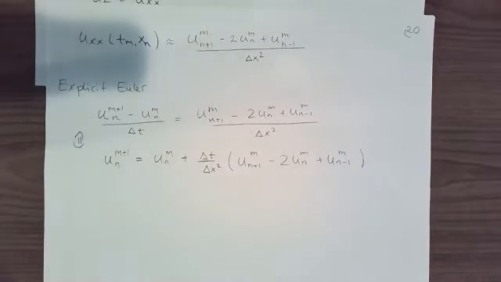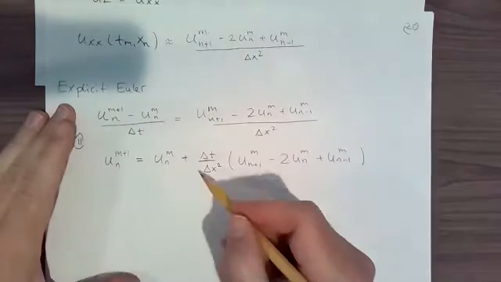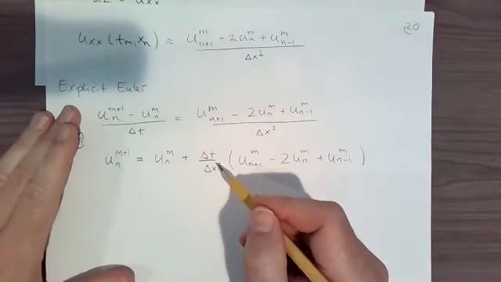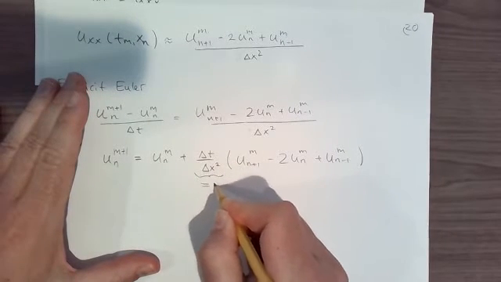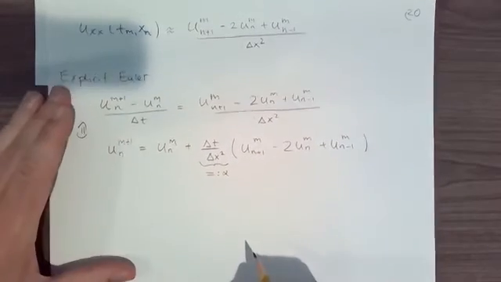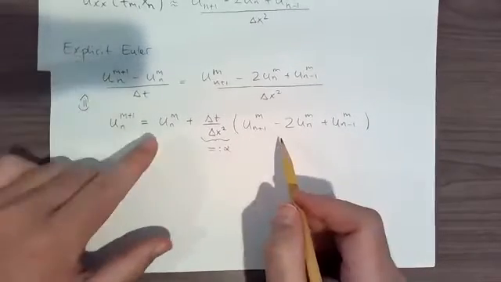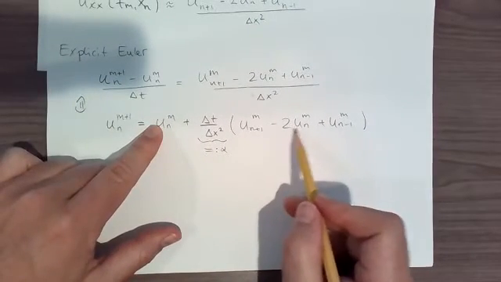That's the explicit Euler. And this ratio here, delta t over delta x squared, is often called alpha. And then I can combine because I have a term here and the same term in here.